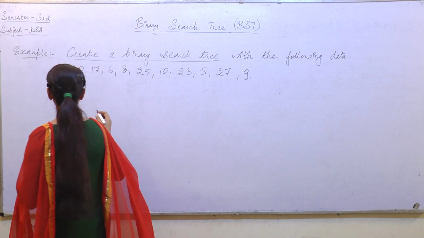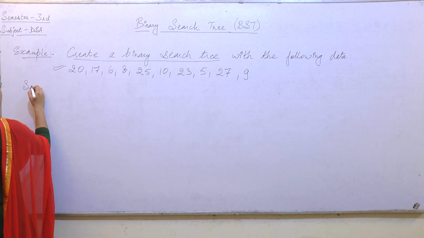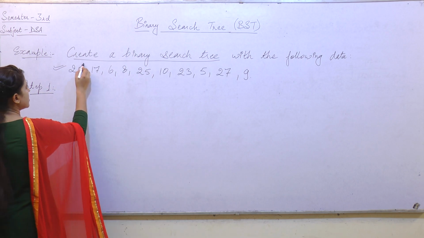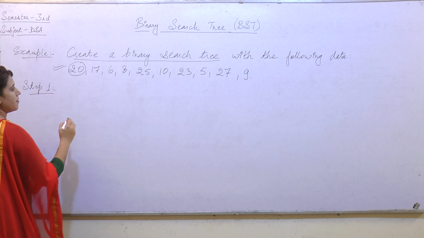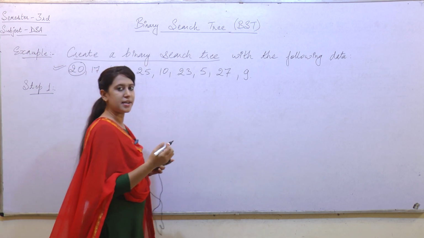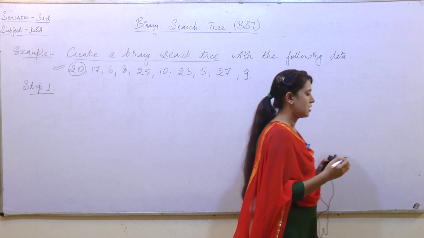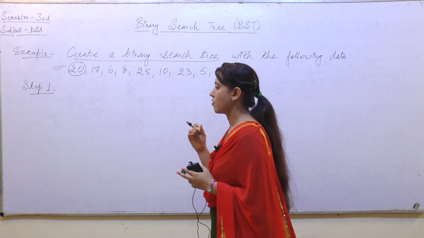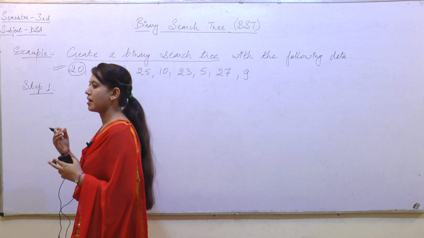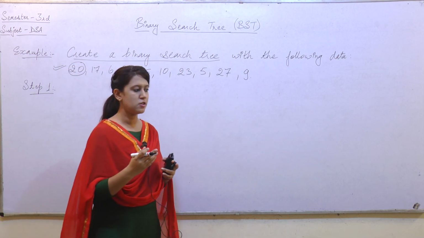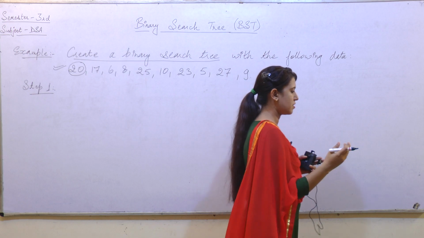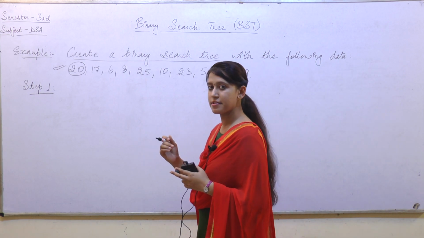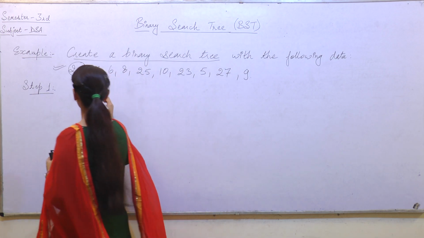Okay, so let's start with step 1. The first data element which we have for creating a binary search tree is 20. Since we don't have any already created binary tree, we are starting from the root node. We will create a fresh binary search tree, starting with the first node, the root node.